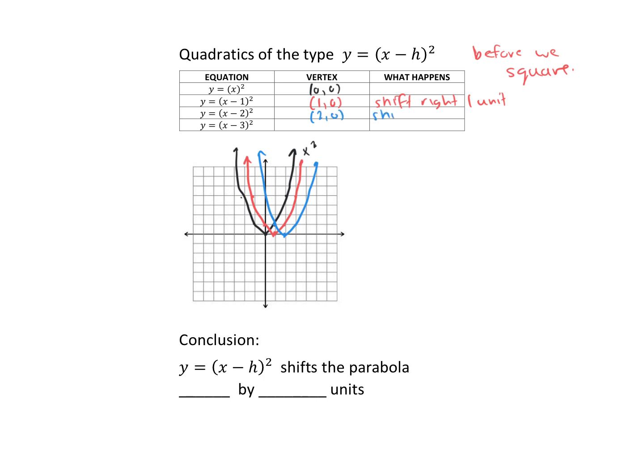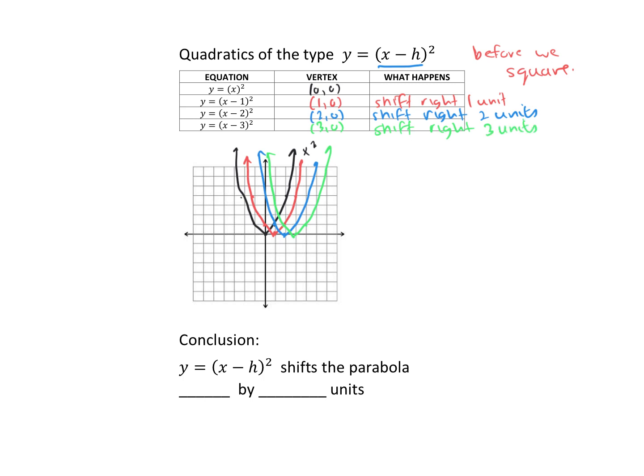You'll notice it's doing the opposite of what you think. It's x minus h, but it goes right. Sometimes we think, oh, it's x minus, so it's going to go left, but it actually goes the opposite direction. Then (x minus 3) squared shifts it right 3 units, and the vertex is at (3, 0).